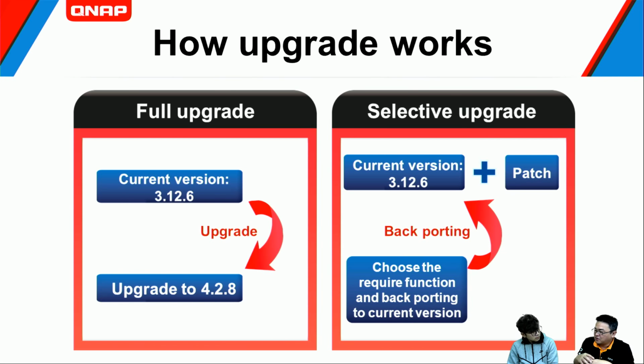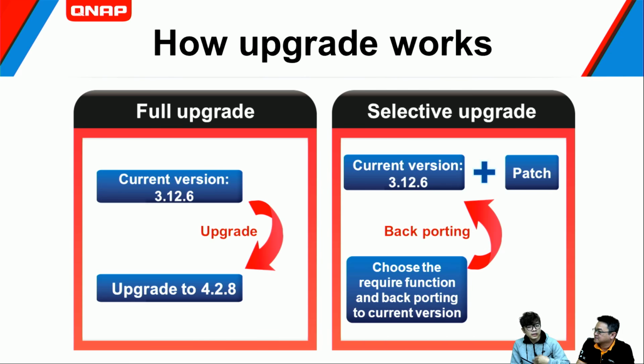So the user just updates the QTS, and you may get the new kernel update. So we are talking about the kernel here, not the QTS. Okay. So 3.12.6 or 4.2.8 is the version of the kernel, and the full or selective upgrade is only about the kernel upgrade, nothing about the QTS version.